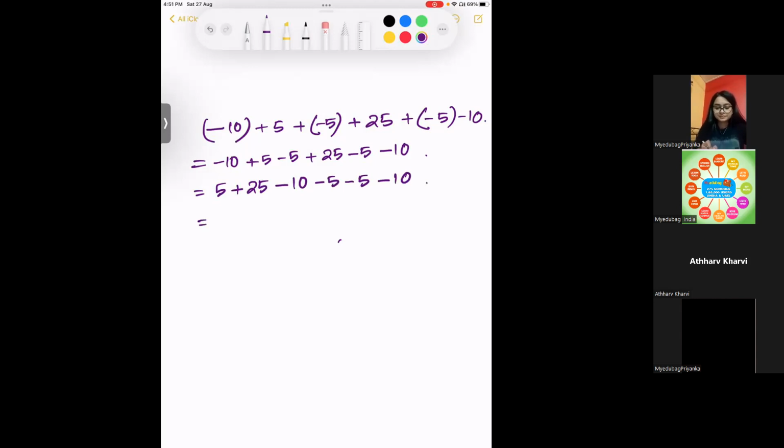So next step, what will you do? We should add 25 and 5. How much will you get? 30.